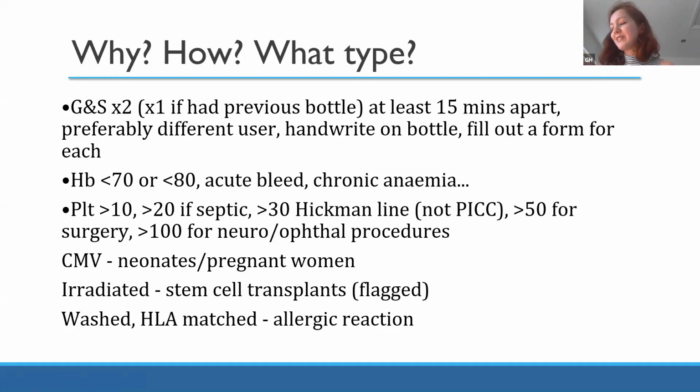For hemoglobin, if it's increasing less than you're expecting, then it's probably because they still have a bleed somewhere that you still need to manage properly. For platelets, if they're not incrementing well, then you can send off for HLA antibodies.